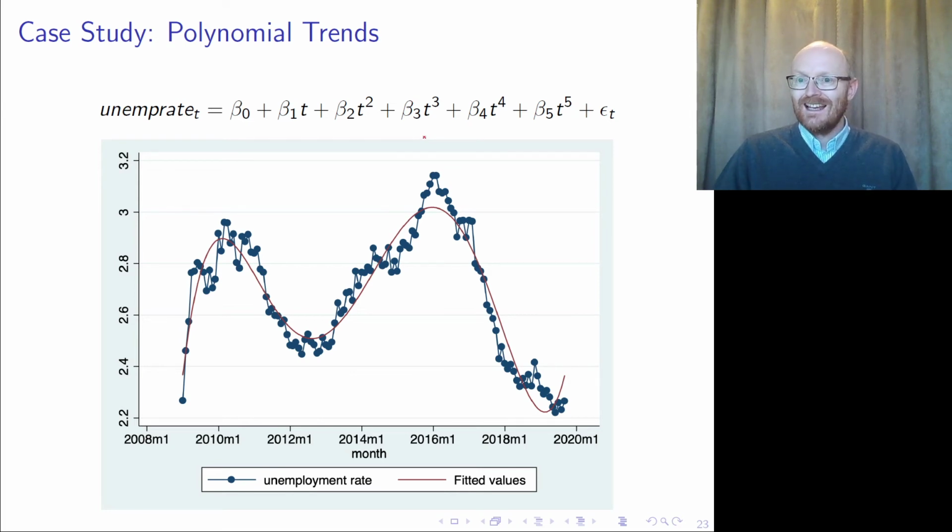Here you can run the regression, and then you can write predict y hat, to make another variable in your data, which is the predicted values, and the y hat is the red line. Let's see.